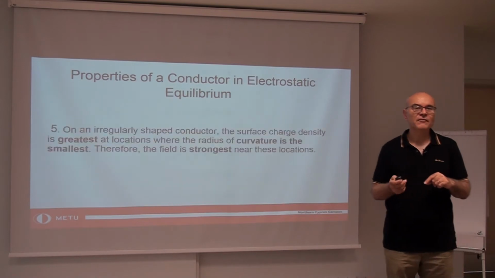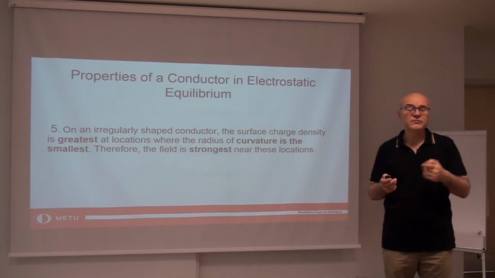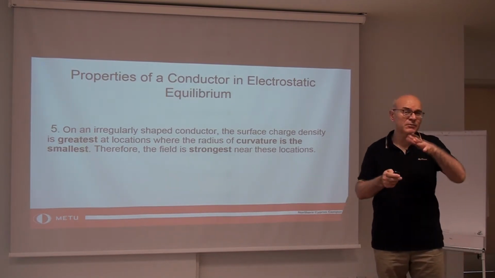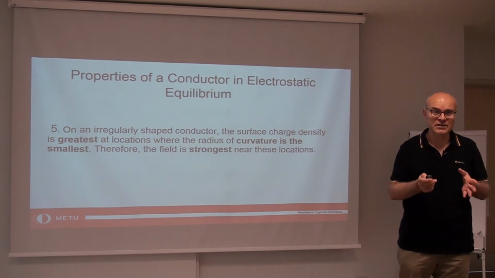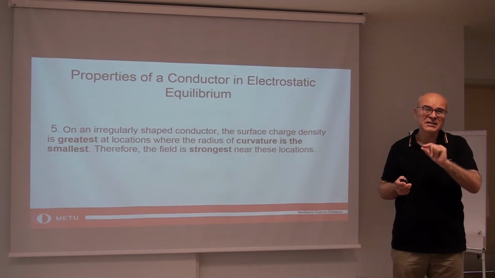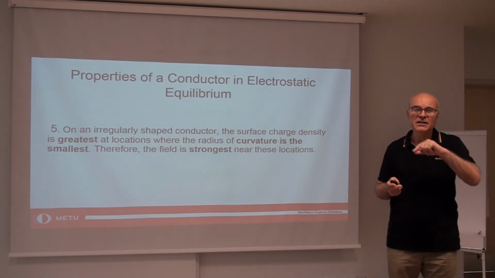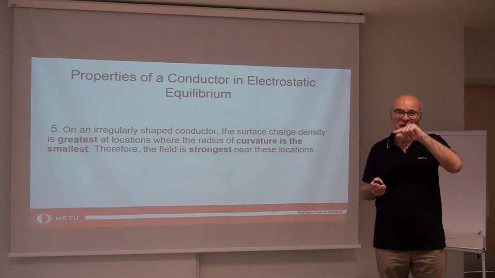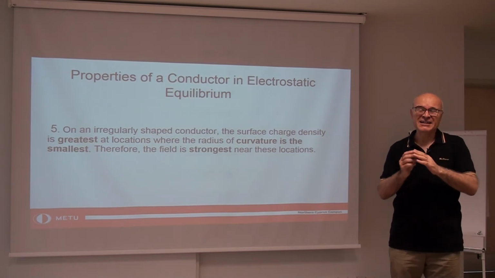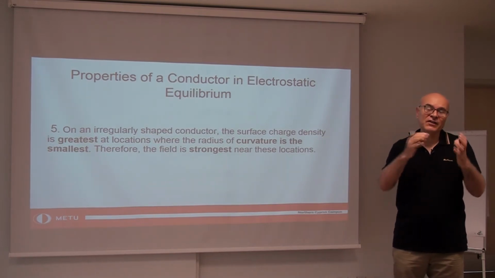And a final property that we will need to prove later is that when you have an irregular conductor, the charge density will not be uniform over the conductor surface, but it will be higher where we have edges. In other words, the parts of the conductor which have a higher radius of curvature will have less charge.